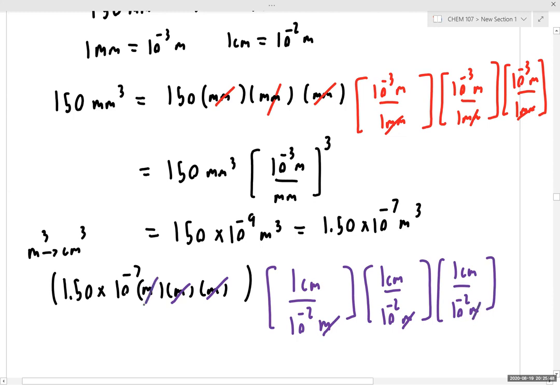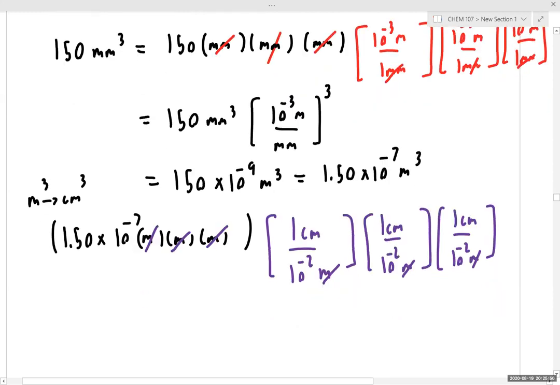We've canceled our third meters, and that in turn gives us 1.50 times 10 to the negative 7th meter cubed times 1 over 10 to the negative second times 1 centimeter over 10 to the negative second meter cubed.